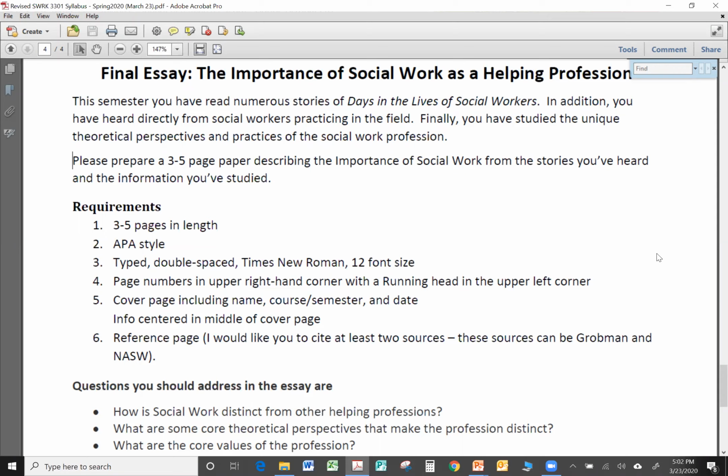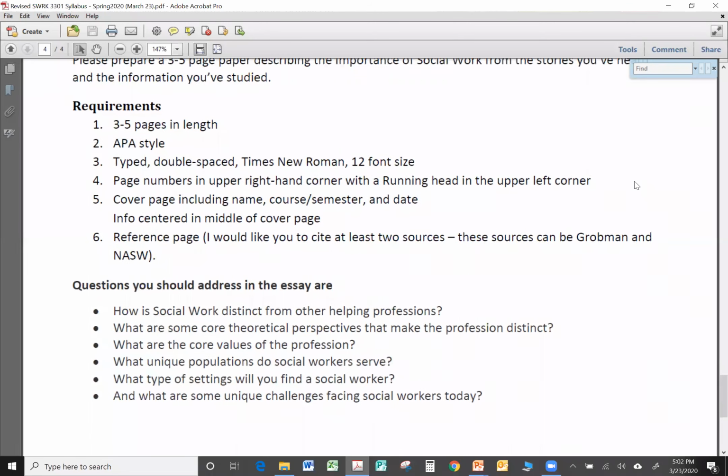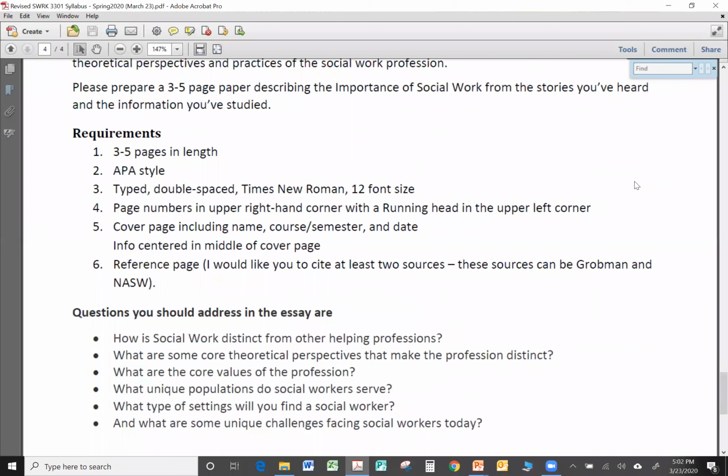This is just a 3 to 5 page paper. I do want you to have at least 2 references or 2 sources that you're citing in the paper. And you can use Grobman, meaning Days in the Lives of Social Workers, as one of those sources.